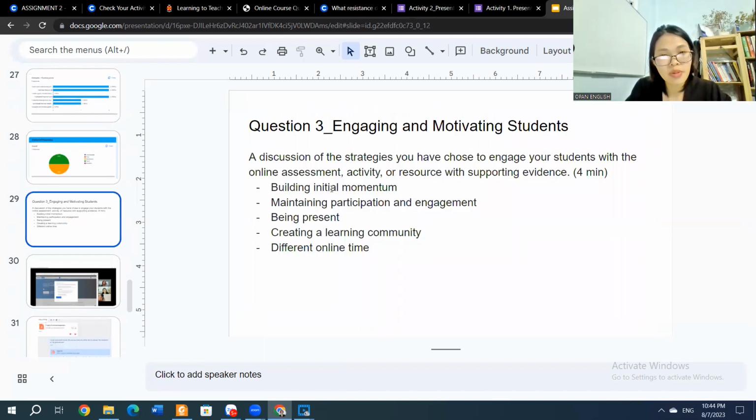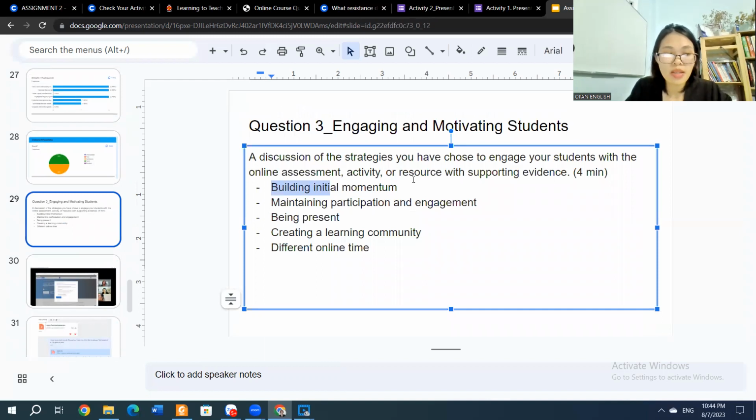So it's about building the initial momentum: establish clear ground rules, explain why we're using this technology, be a guide on the side, not control or manage everything. Just give guidance and instruction, acknowledge my students' contributions, and give feedback in a timely way. It's very important. Give any support if they have trouble with their learning.